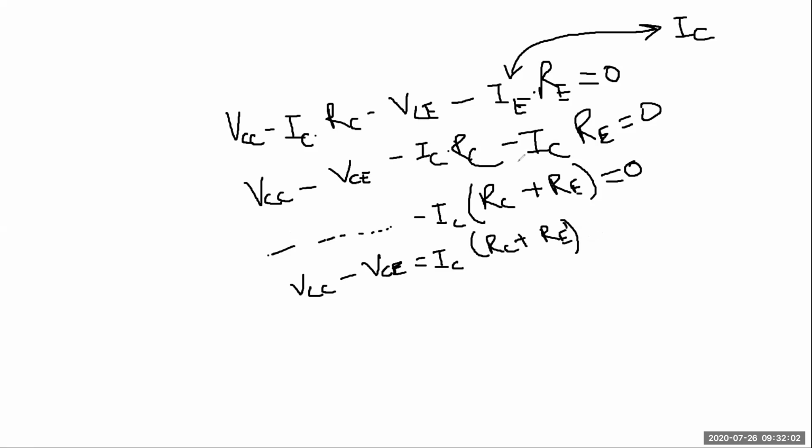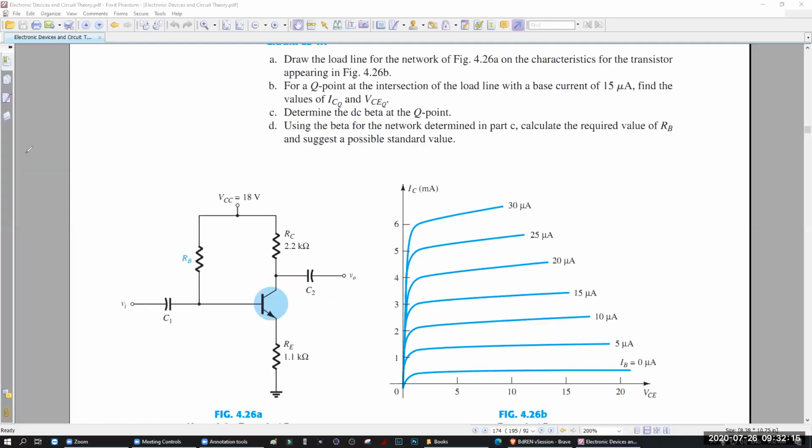Okay, that is the formula here. So let's write this formula here. VCC minus VCE equal to IC into RC plus RE. That is the value of IC, right? We know it already.